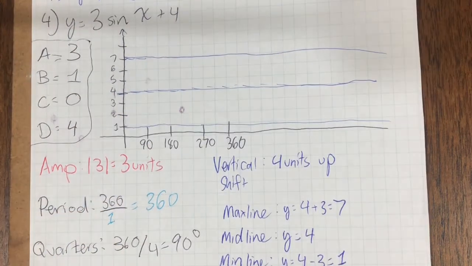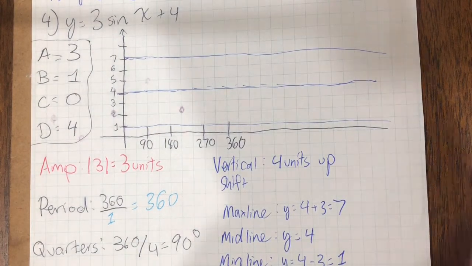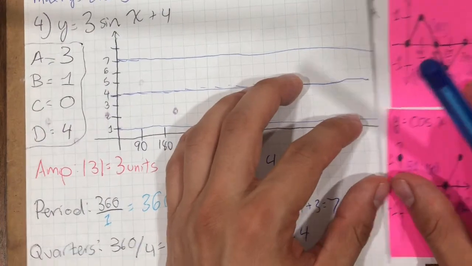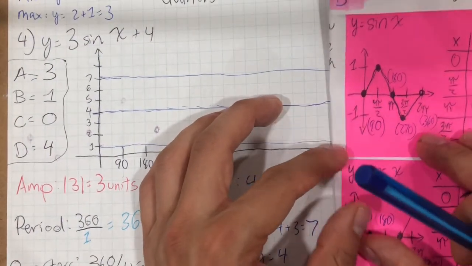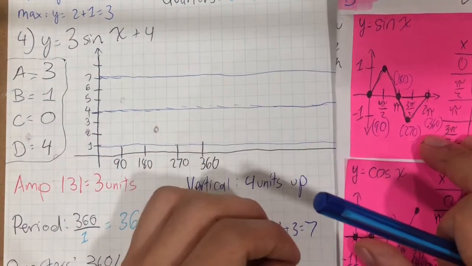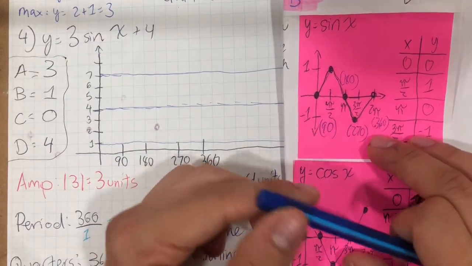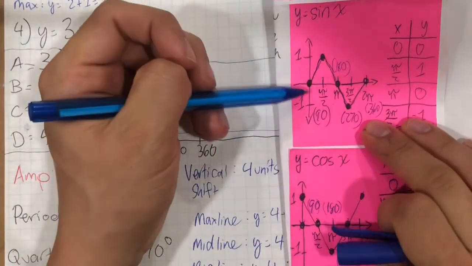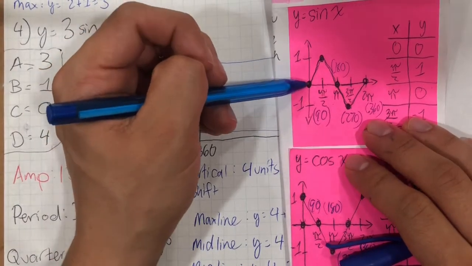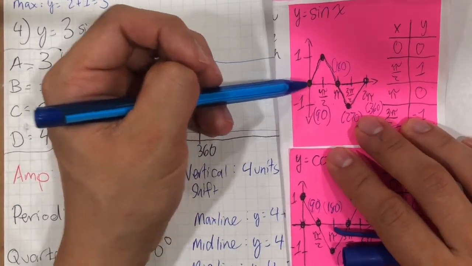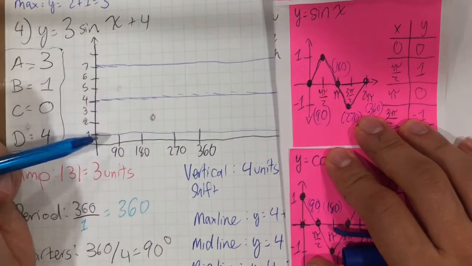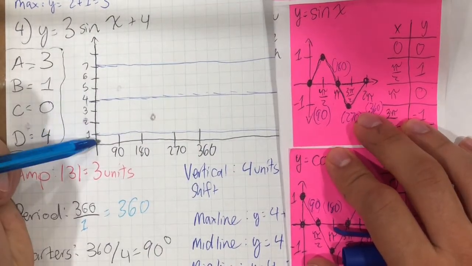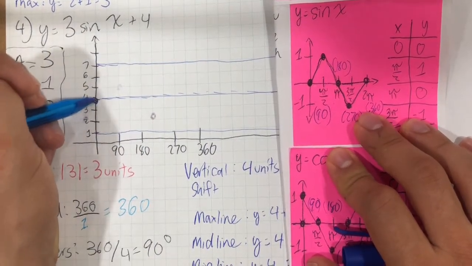So I'm going to go ahead and make my graph by using the old original graph for sine of X. So let me move this over here, perfect. Okay, so now we're going to get started. Originally we started at the midline, the midpoint. So we started off at 0, 0. And now my new mid is at 4, so now it's going to be 0, 4.